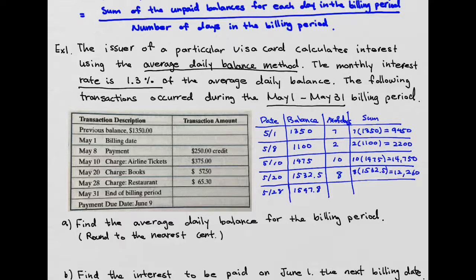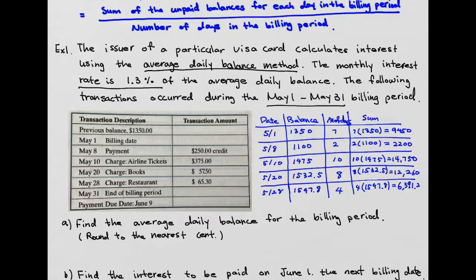So 28, 29, 30, and then you have to include the last day. Your last day is 30. So when you include 30, that's going to give you 4 days. So only the last one, you include the last day. And when you multiply that, you get 6,391.2.